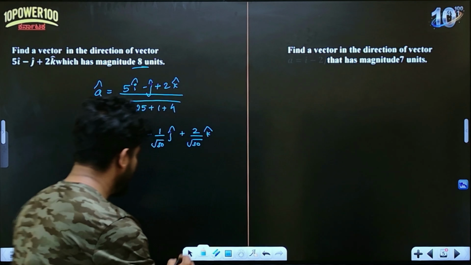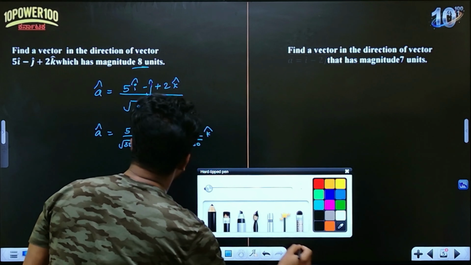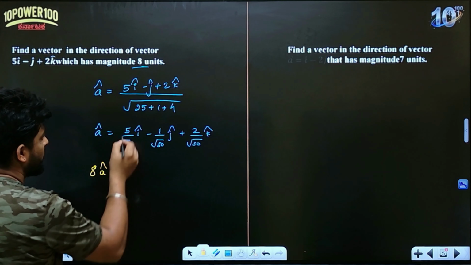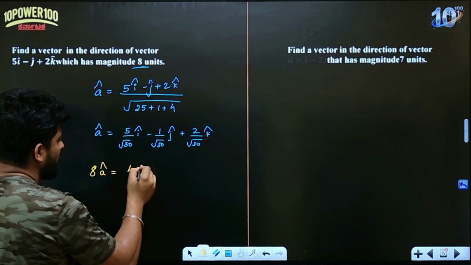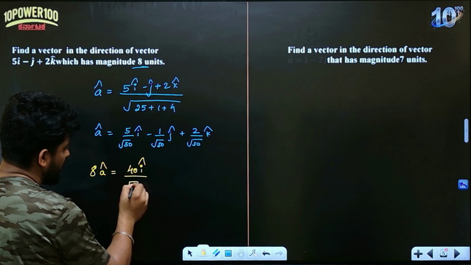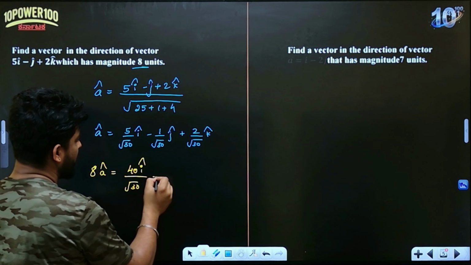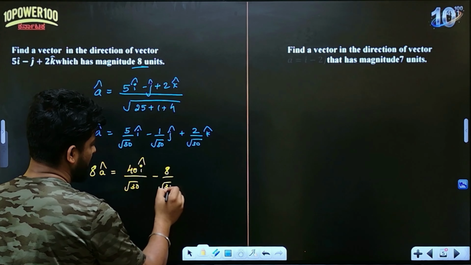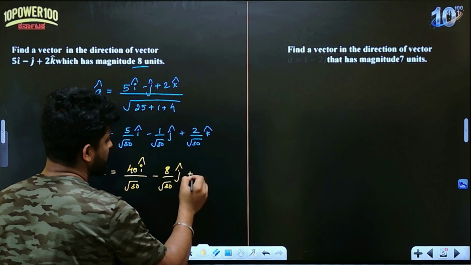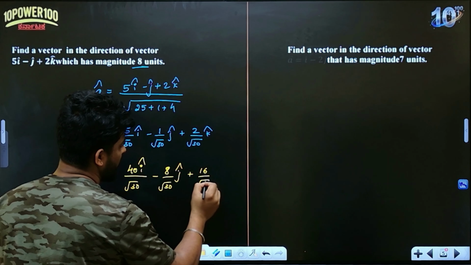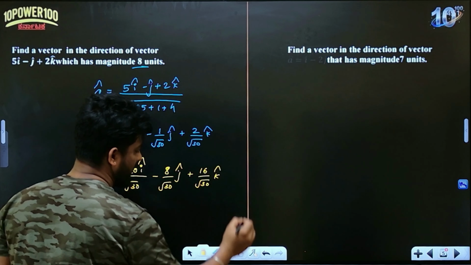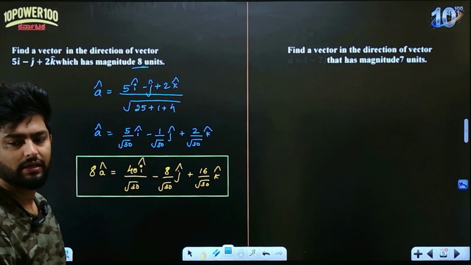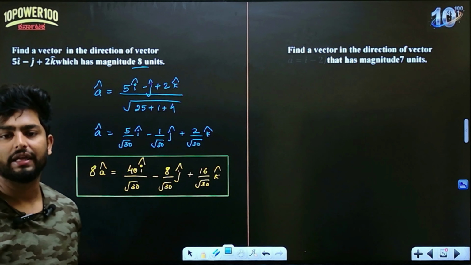Okay, so illi if you multiply 8 both the side, so ikkade enagutte 8 a cap is equal to 8 5s are, so 40 I cap divided by root 30 minus 8 by root 30 j cap plus 8 2 is a 16 by root 30 k cap. Istu madidre saku. This is what finding a unit vector which has magnitude 8 units anta.